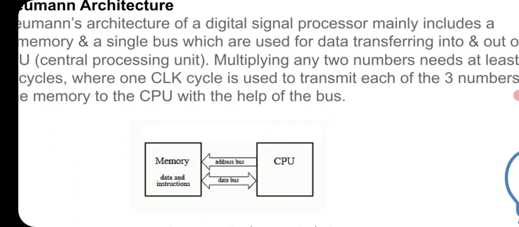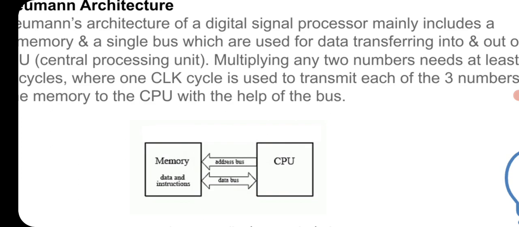So this follows the principles of von Neumann architecture. The von Neumann architecture is a computing model proposed by the mathematician John von Neumann in the mid 20th century, which forms the basis for most modern computers. It is characterized by a single shared memory along with the use of a single shared bus for data and instruction.